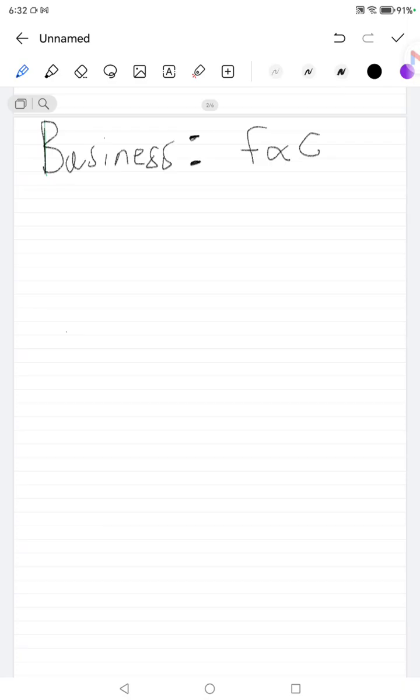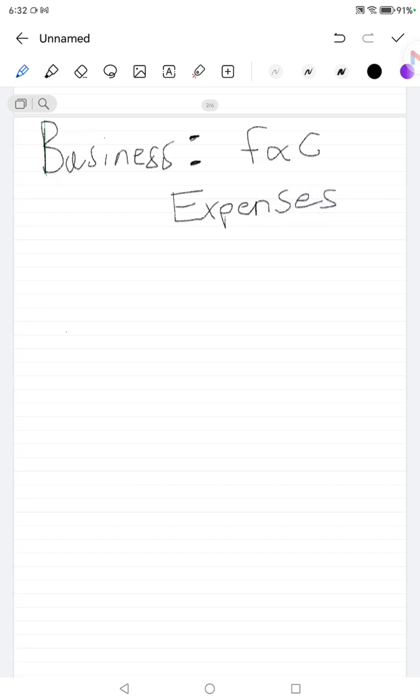So for now that we're thinking of a fish and chips business in our head, when you're creating a fish and chips company, there are some things that you know you have to consider as your expenses.